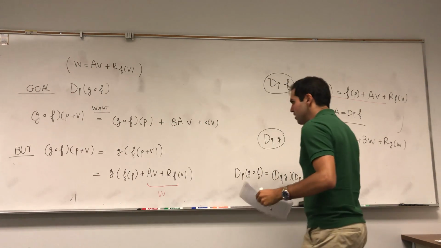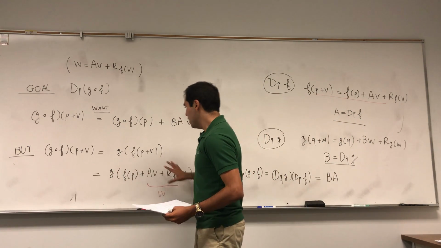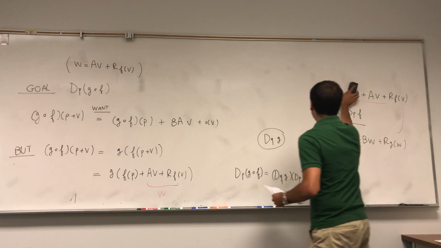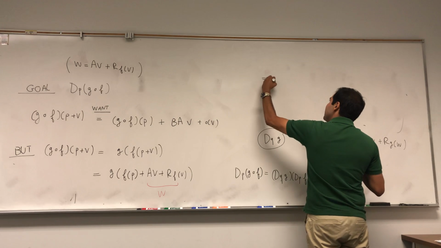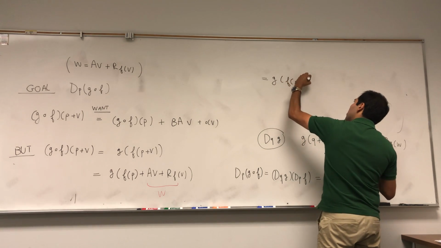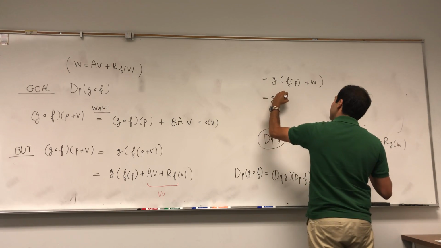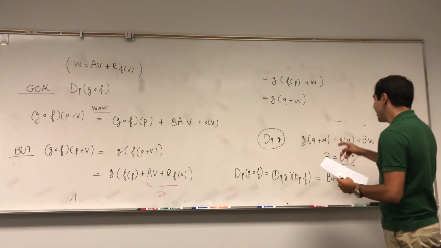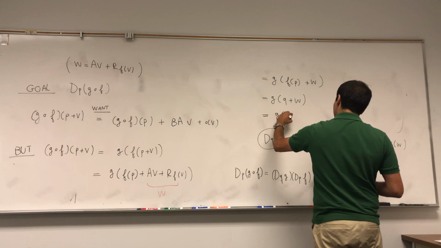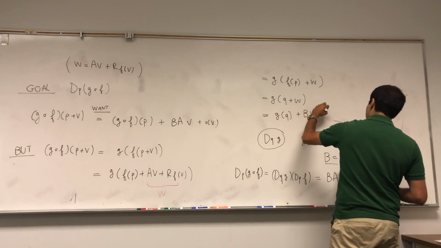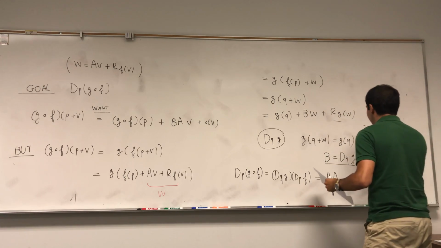Okay. But again, this is also nice because we have g at a point plus some junk. So now we can use the definition of g. So this is g of f of p plus w. And again, f of p, that's just q, remember. So q plus w. So we can actually use this expansion here. So this is g of q plus Bw plus a small term, r g of w. In fact, we don't need that now.